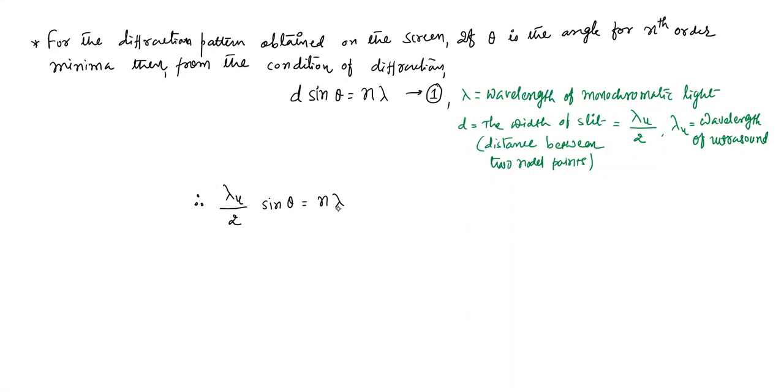Please remember that this lambda is the wavelength of light and this lambda u is the wavelength of ultrasonic waves which are propagating in the liquid medium. Therefore, lambda u is equal to 2n lambda divided by sin theta. Say equation number 2.